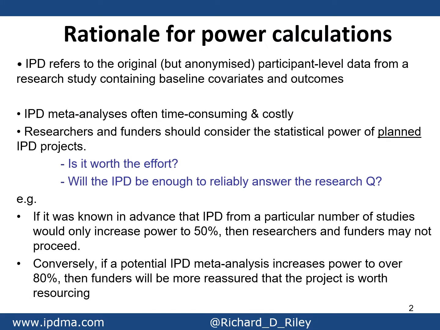So what's the premise here? Individual participant data, or IPD for short, refers to the original, but anonymised, so you don't have patient addresses and things like that, but the original raw data that is recorded for participants recruited to a research study. So it would have information such as their age, their height, their body mass index.